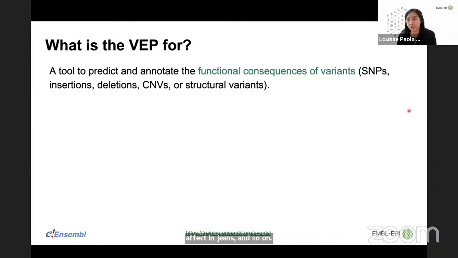This is exactly what you can do with VEP. You can find out the effect of your SNPs, insertions, deletions, CNVs, or any other structural variants. And you can also compare your variants against a reference variant.